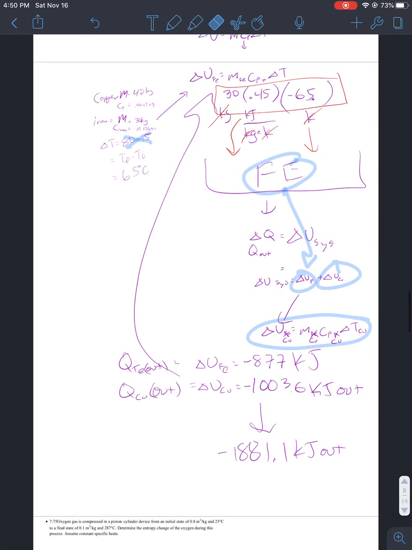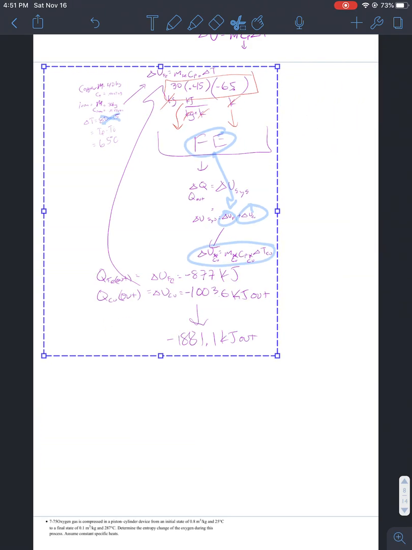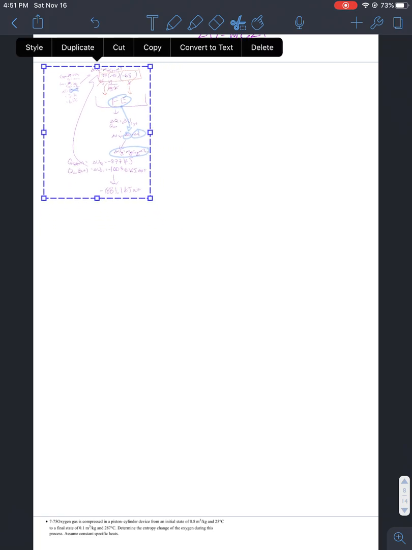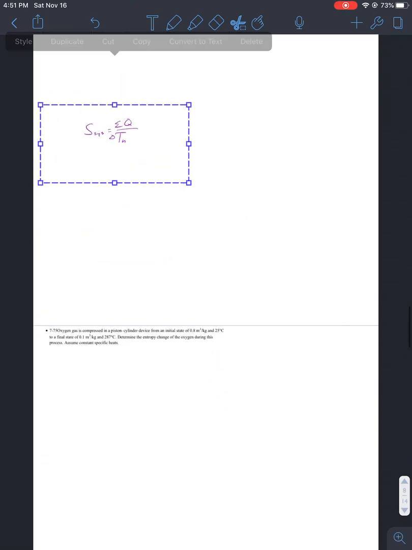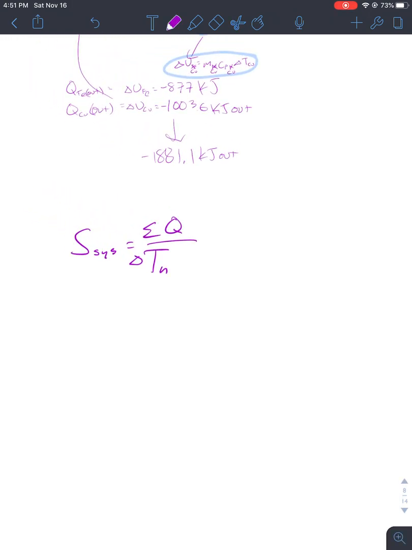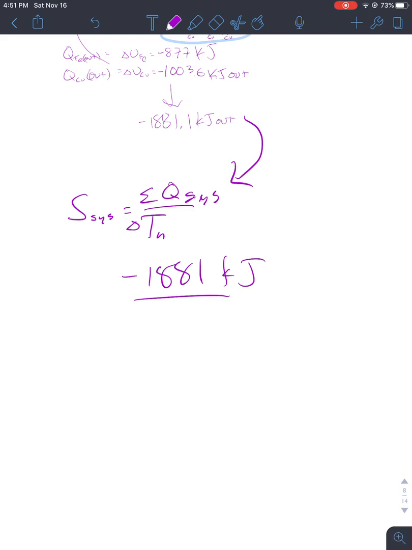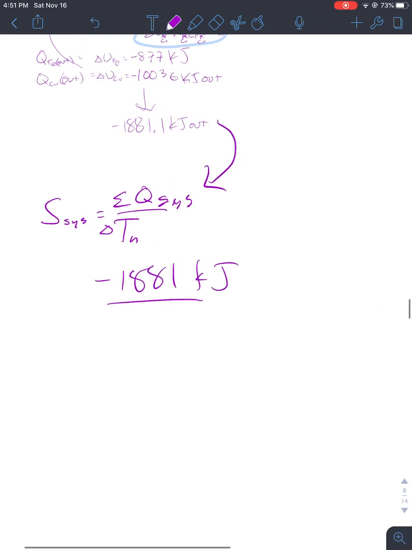Make everything smaller once again. Change in Q goes there. Negative 1881 kilojoules over, what is it, 65?